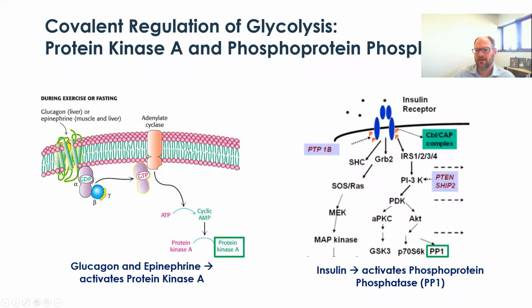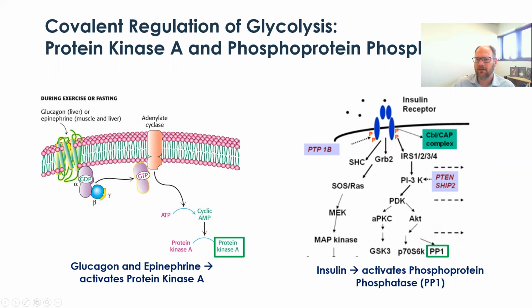As a reminder, the way this signaling mechanism works is that glucagon or epinephrine will bind to a receptor here on the cell membrane. It ultimately triggers a cyclic AMP signaling cascade, which results in the activation of protein kinase A. This is a protein that goes and puts phosphates on other proteins.